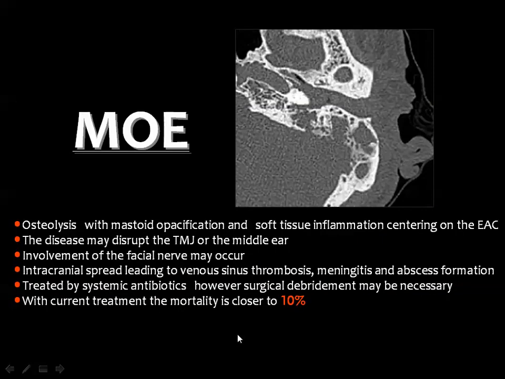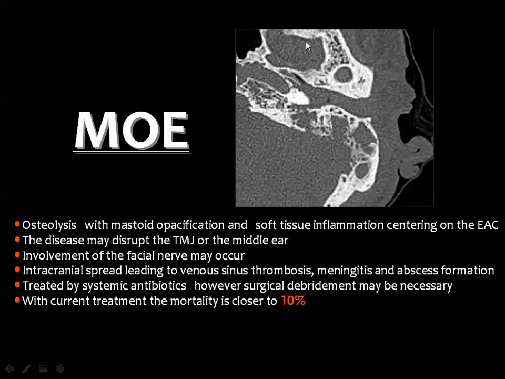tissues. Then, if you see a lesion which is formed of soft tissue density, obliterating the external auditory canal associated with an extracanalicular soft tissue component, as well as destructive changes on both sides of the canal, affecting the temporal part as well as the mastoid air cells.